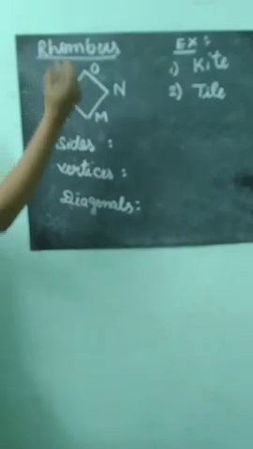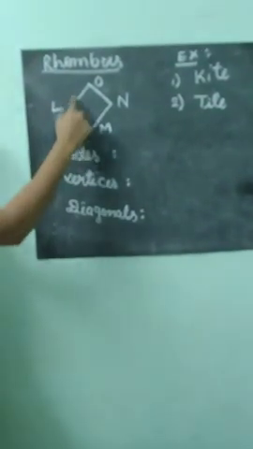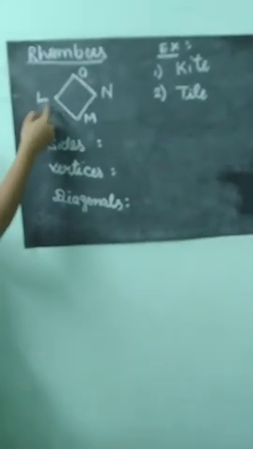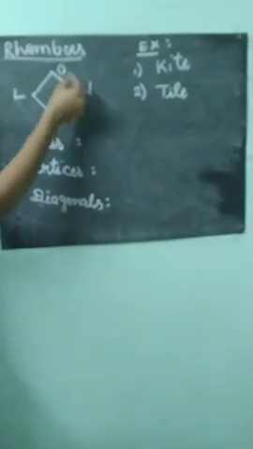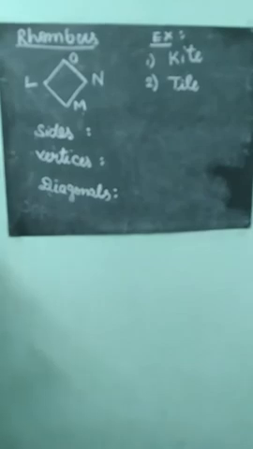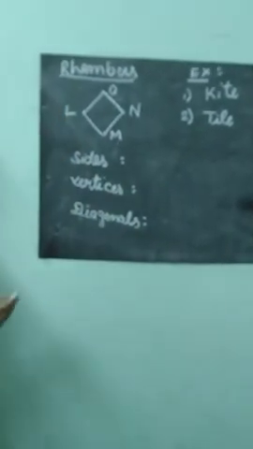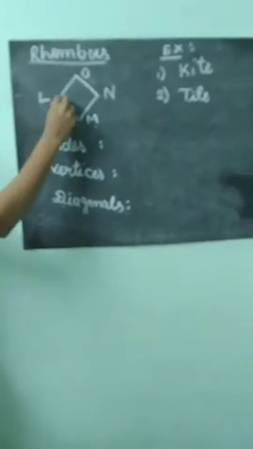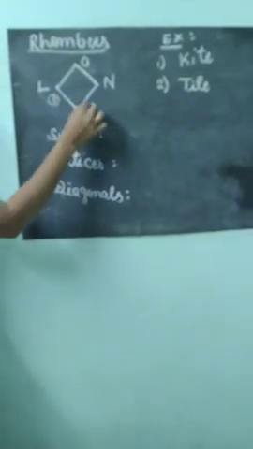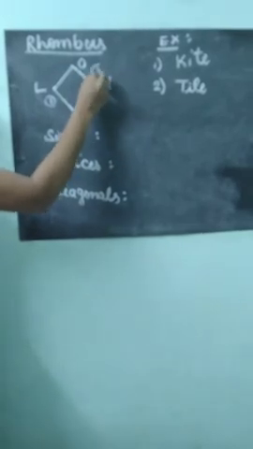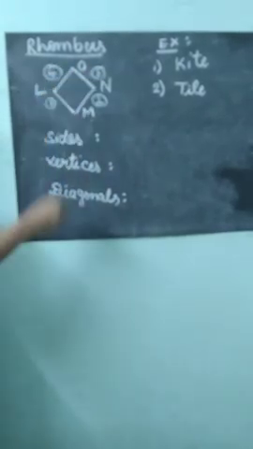Now next shape is rhombus. This is a rhombus shape and in your book they are giving the names L, M, N and O. Now the first one is sides. How many sides does a rhombus have? Just count the sides. 1, 2, 3, 4. There are 4 sides and what are they?